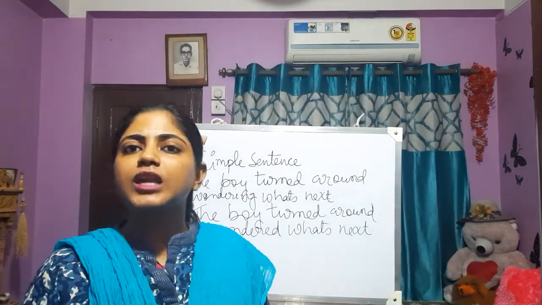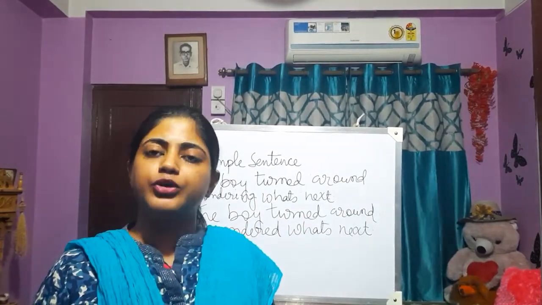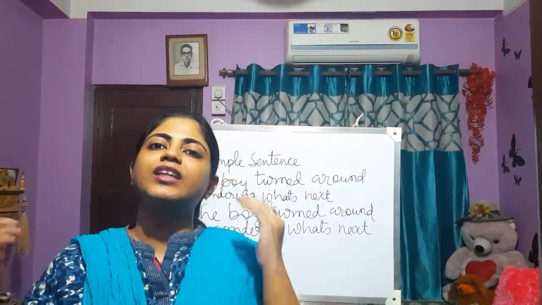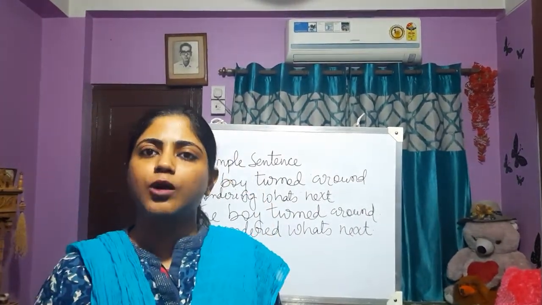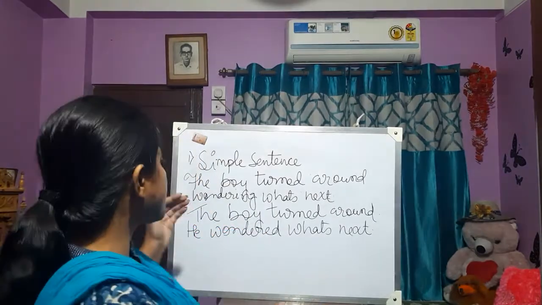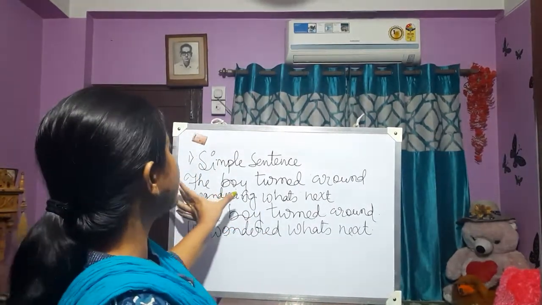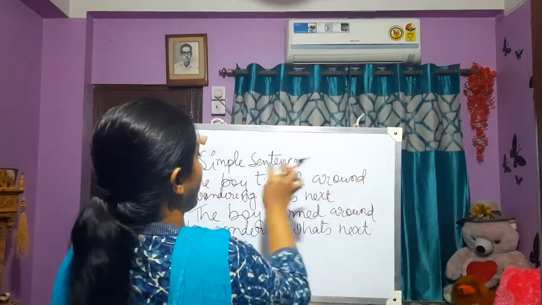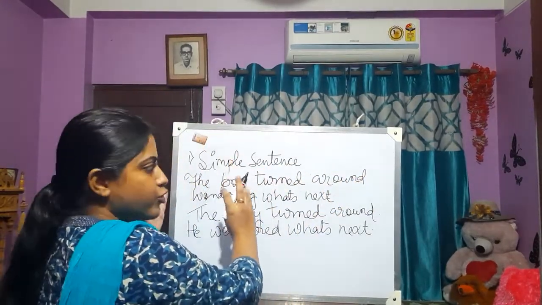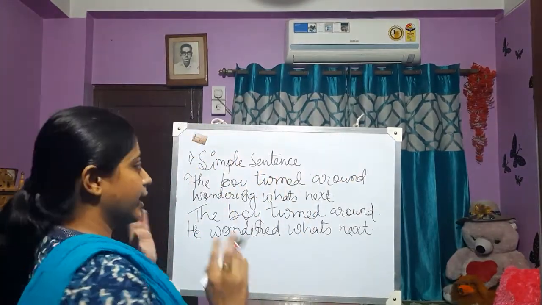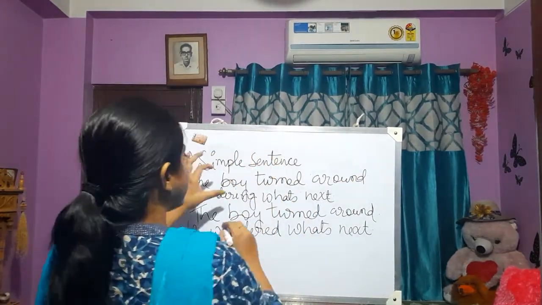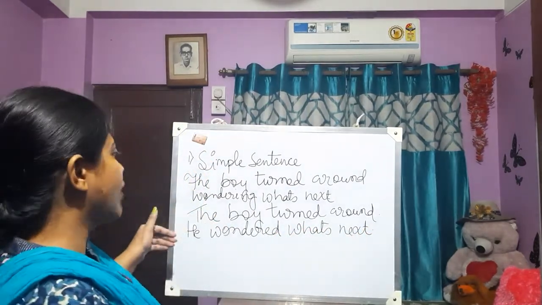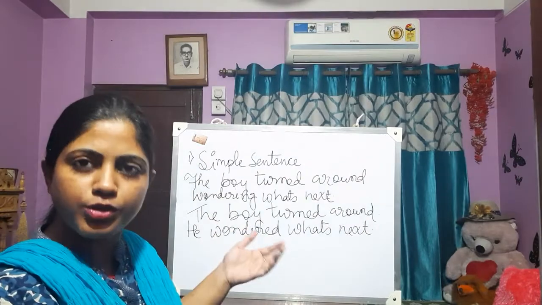Now in your junior classes you know that when you keep on writing the boy in every sentence, it doesn't sound good, so we use a pronoun. So we can use the pronoun he. Now, the boy turned around. This is one sentence that can be formed, the boy being the subject, turned around the predicate. Next sentence, the boy wondered what's next. But instead of writing the boy, I have written he, because we need to use the pronoun.